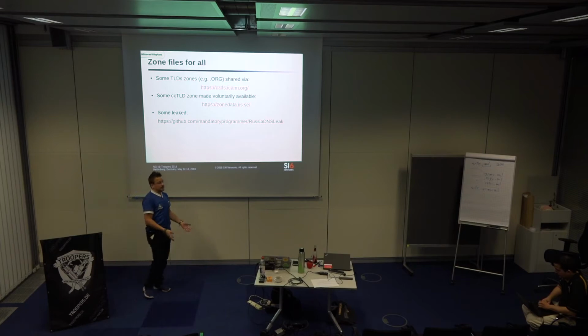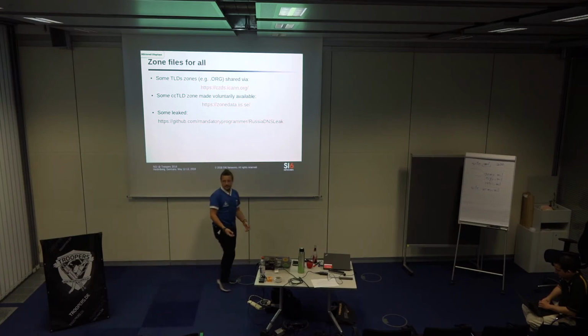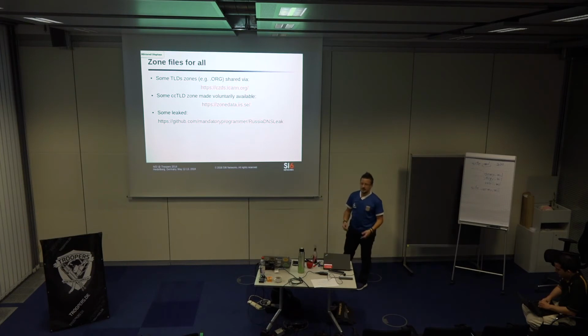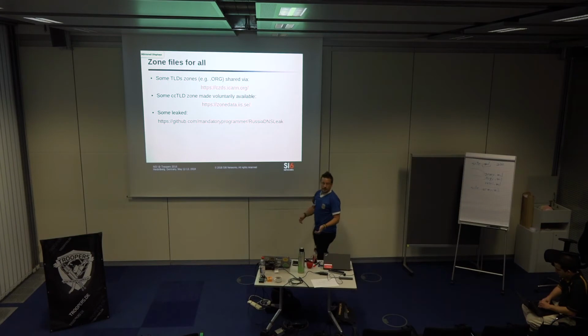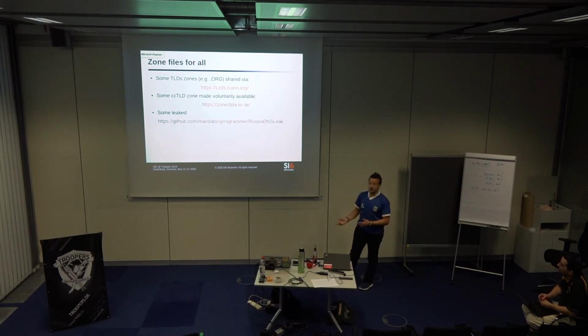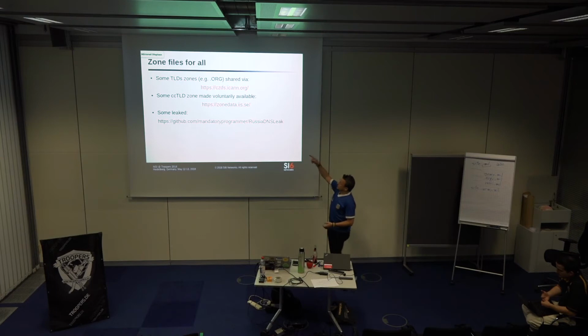What they say is, well, one way or another, if people really want to use this information for attacks, they're going to get it anyway. So we assume that if we publish this information, we will allow people to do research, for example, to measure things on the DNS zone for Sweden. If you go to that site, you can download everything for .se and .nu, which I don't know what NU is for, but it's something related to Sweden.